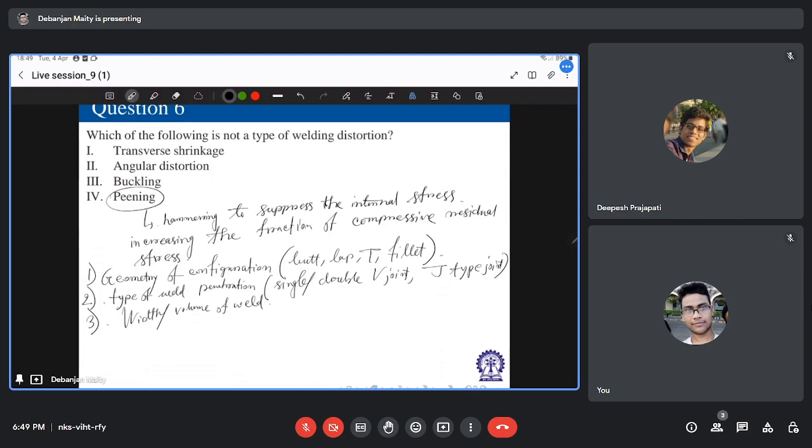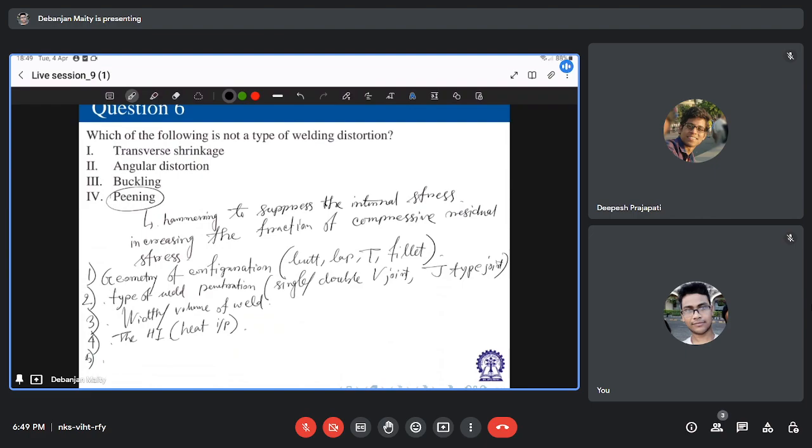What else? The heat input itself. So this is heat input. What else? Anything more you can think of?